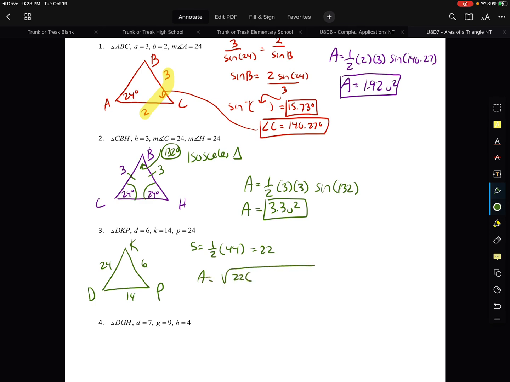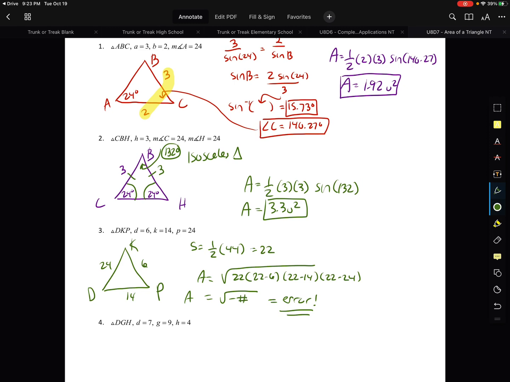Jump into my formula. 22 times 22 minus 6, 22 minus 14, 22 minus 24. Alright, so if we work this whole thing out, what we learn is that this is a negative number, which tells us error on the calculator.